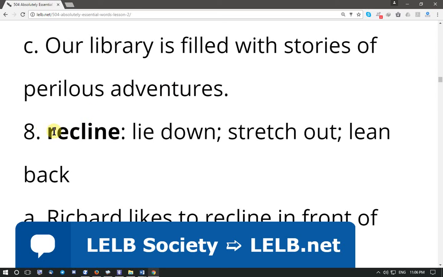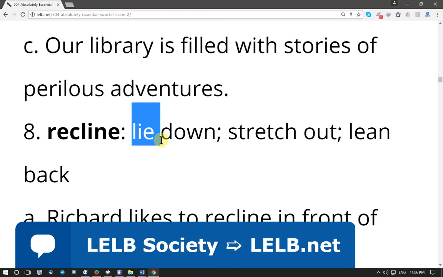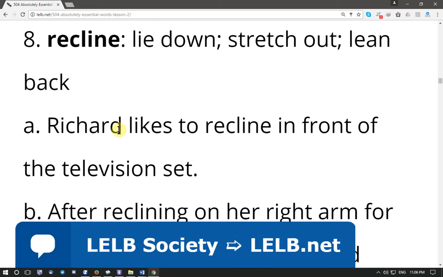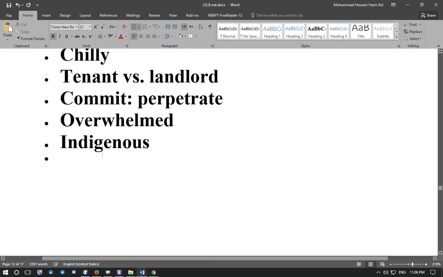Number 8, recline, which means lie. Do you remember? Lie down, stretch out, lean back. Richard likes to recline in front of the television set as a couch potato. A couch potato is a person who leads a sedentary life.